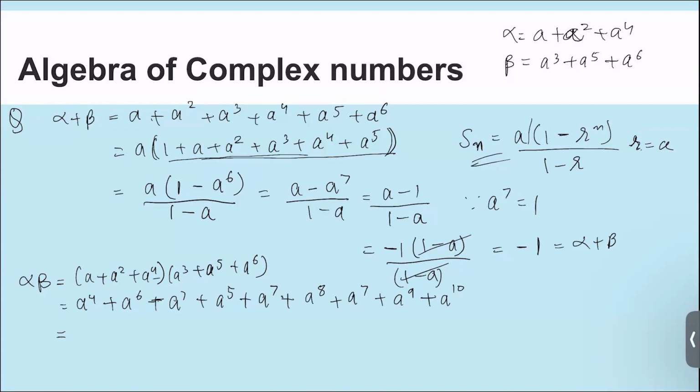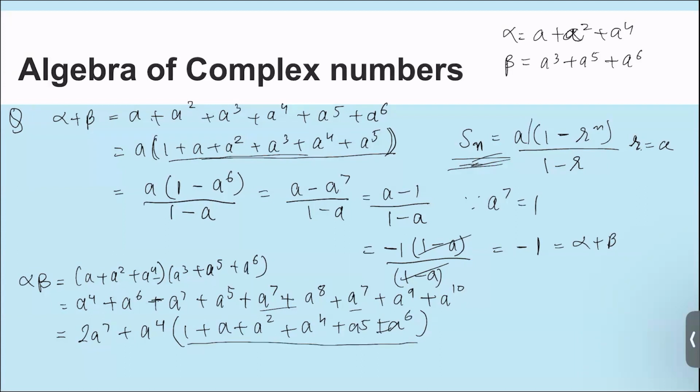Now you have 2a raised to 7 over here, plus a raised to 4. If you take out common, you again get a squared plus a raised to 4 plus a raised to 5 plus a raised to 6. Now this is again similar to the previous series, the sum of the terms in the same series as can be seen over here.